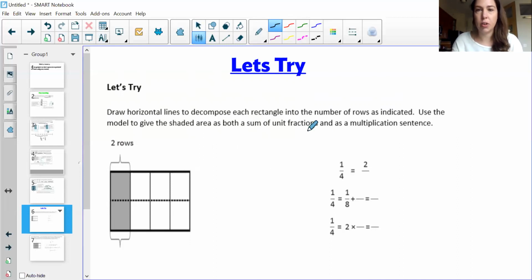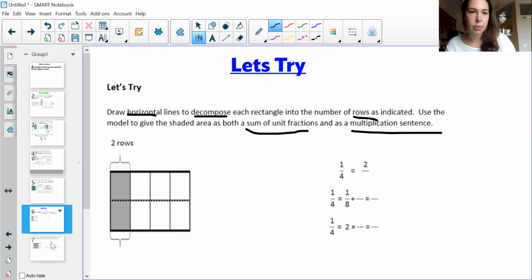So we're doing sum of unit fractions, multiplication sentence, and we're decomposing using horizontal lines to make rows. That's all it's saying. So we started with 1/4. They drew one horizontal line. So now instead of having fourths, I have eighths. So that equals 2/8.